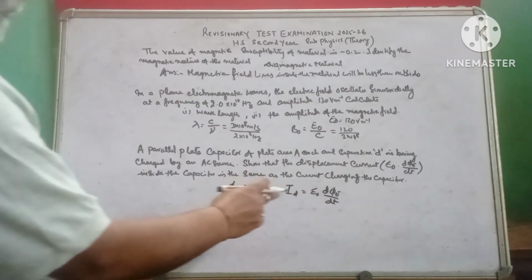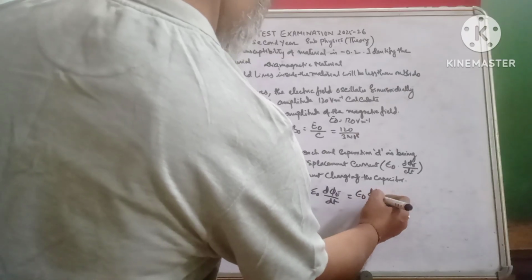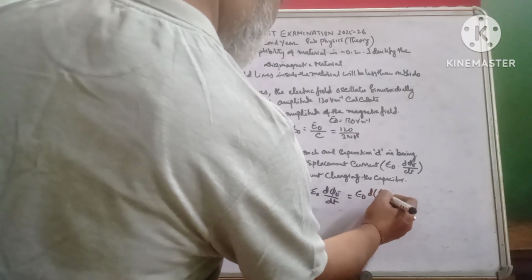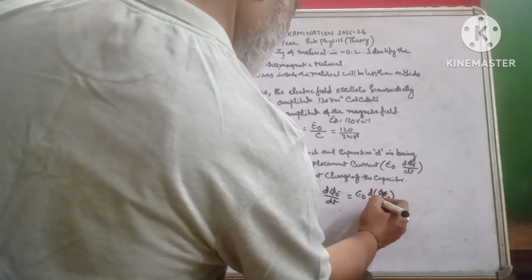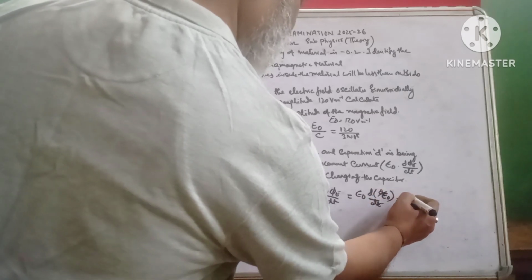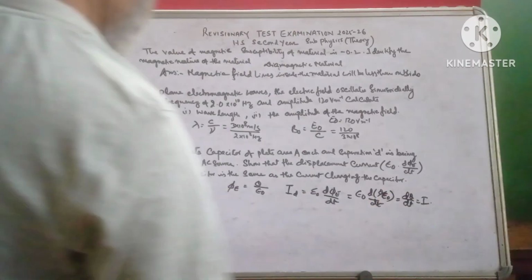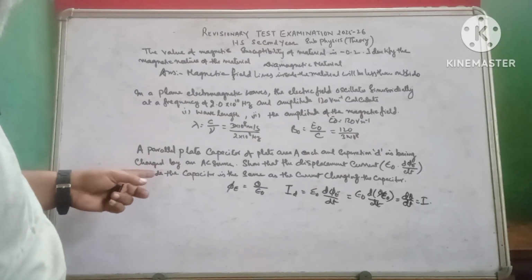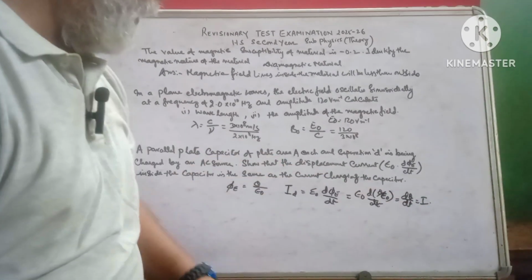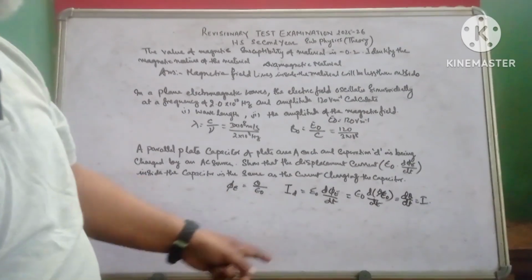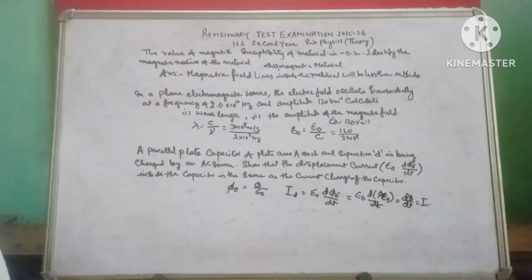Now you place here phi, and you will get epsilon naught d, charge by epsilon naught, by dt. So this comes out to be dq by dt, and this is equal to I. That means the displacement current inside the capacitor is the same as the charging current. You have to show that your displacement current is equal to the charging current.